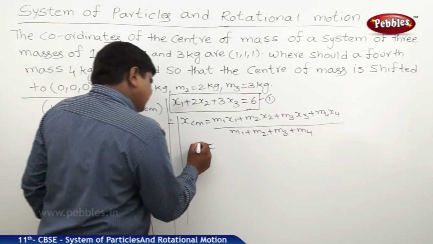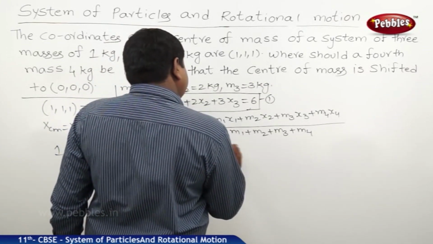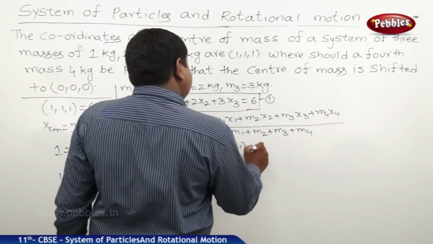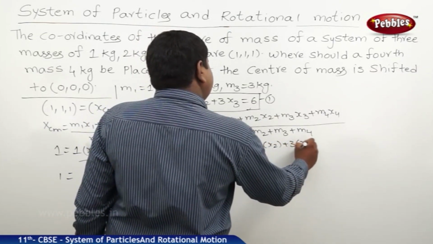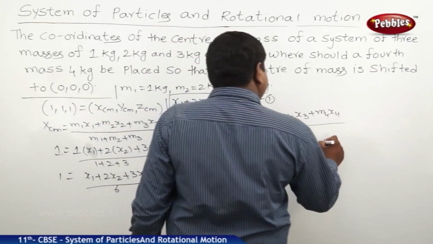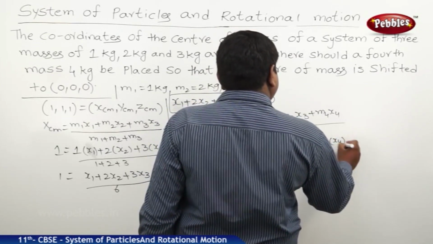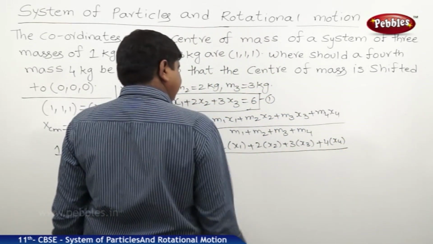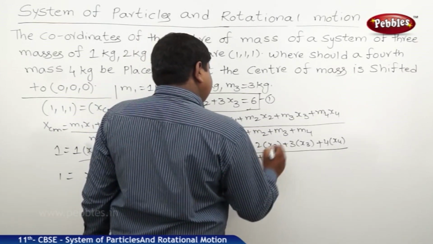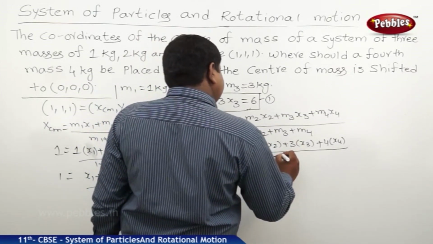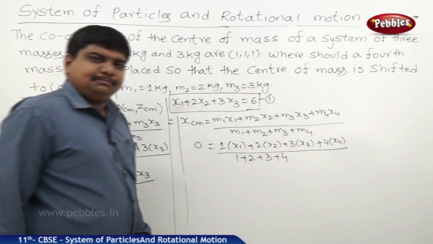So 0 is equal to 1 into x1 plus 2 into x2 plus 3 into x3 plus 4 into x4, whole divided by 1 kg, 2 kg, 3 kg, 4 kg.